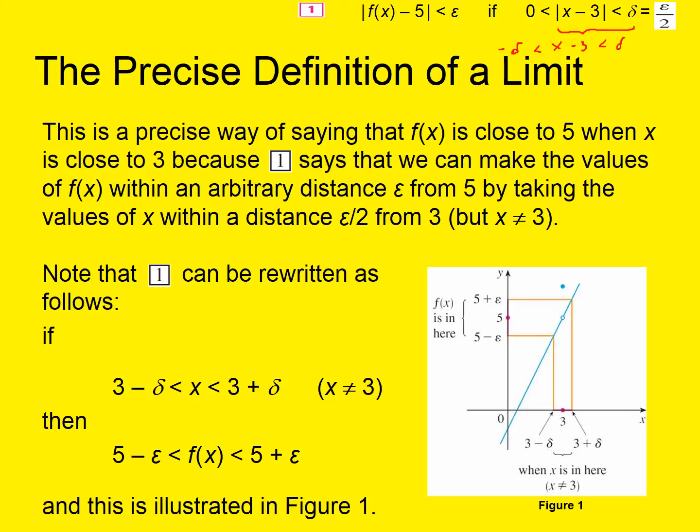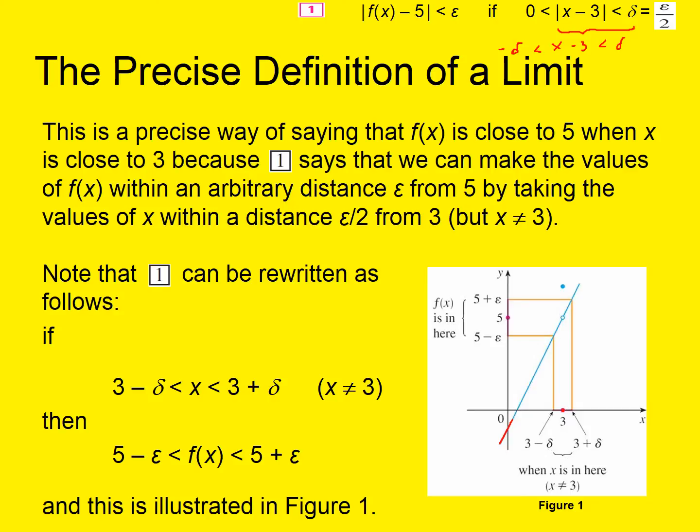And this is illustrated in the figure. Okay, so here's our f of x equals 2x minus 1 graph, and here's 3. So x is approaching 3.